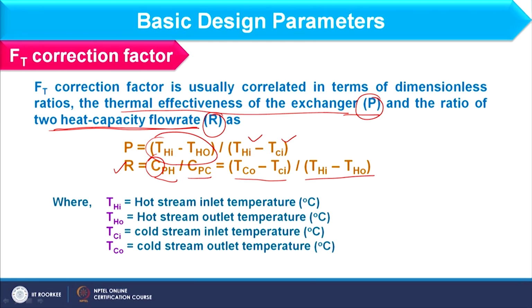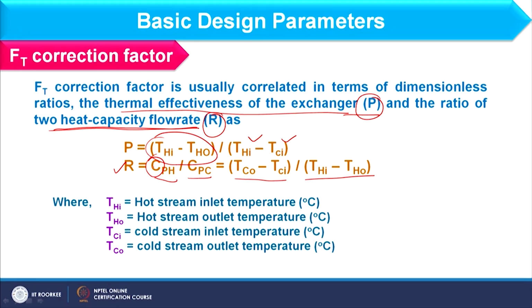Now, this is basically the combination of P and R. If I consider P as THI minus THO over THI minus TCI, can I consider P as TCO minus TCI divided by THI minus TCI? Instead of the hot fluid temperature difference, can I take the cold fluid temperature difference? Definitely I can, but in that case the combination will be, for R, CpC by Cph.